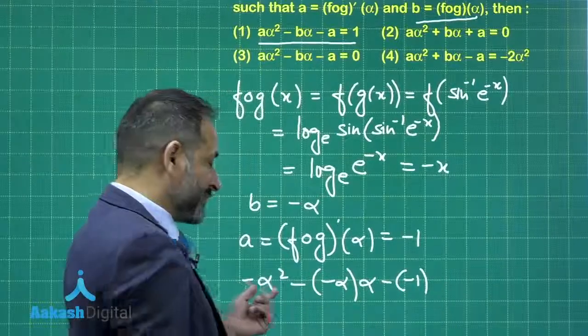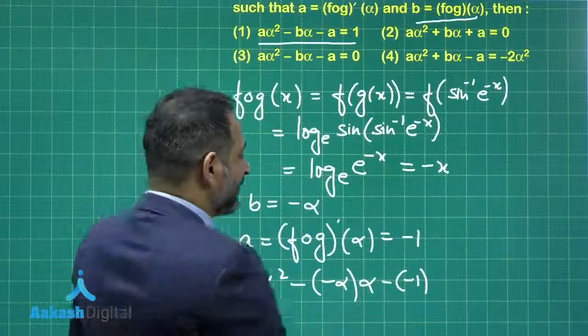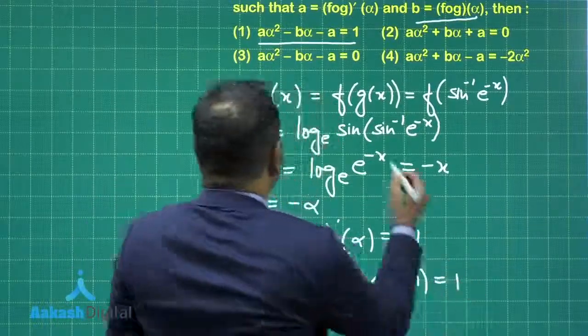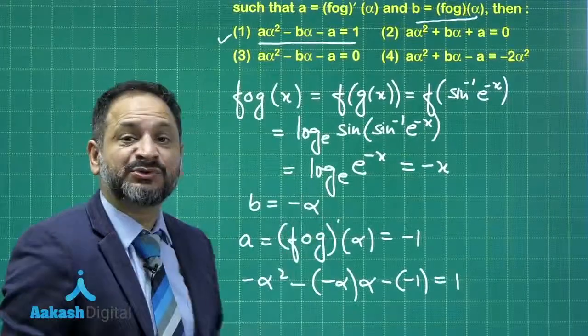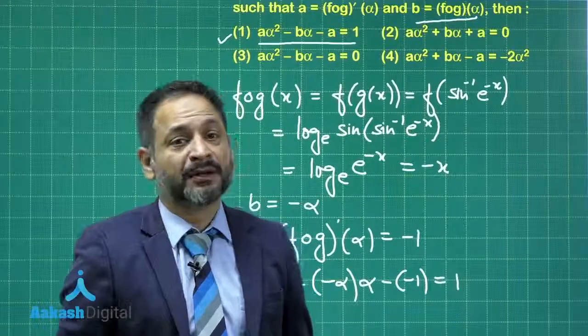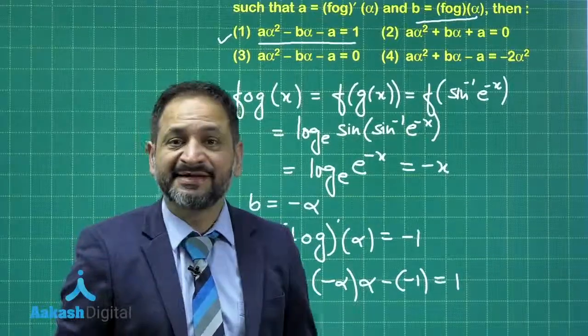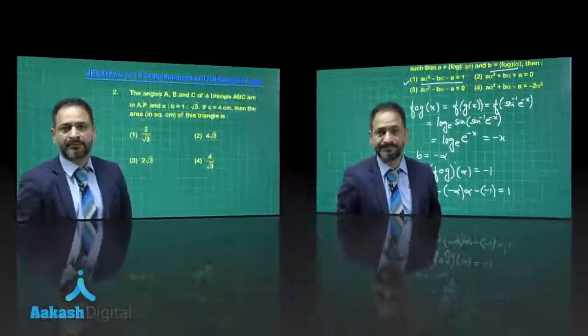You can easily note alpha square will be cancelled out here, and this will be plus 1. So we can say the first option is correct. Although it seems a little bit complicated, you can note here the composite function is easier to find out. Let us move on to the next problem.